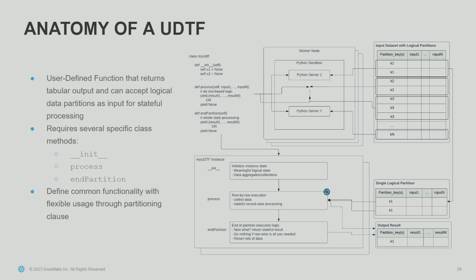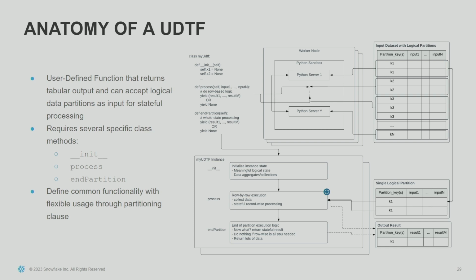Store 1 doesn't need to know what store 10 was doing in order to do the store 1 calculation, right? So in your UDTF, you define your process and end partition methods to take, for a single store, what processing do I want to do? The process method within a UDTF definition says for each row, what do I do? And then the end partition method says, okay, once I've processed all the rows, now what do I do?